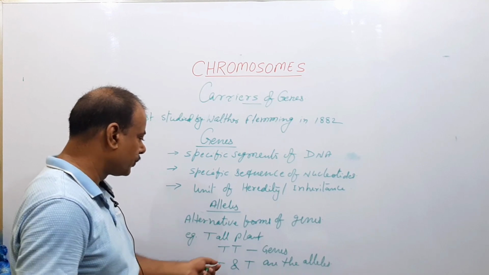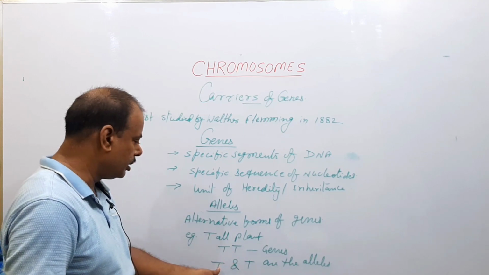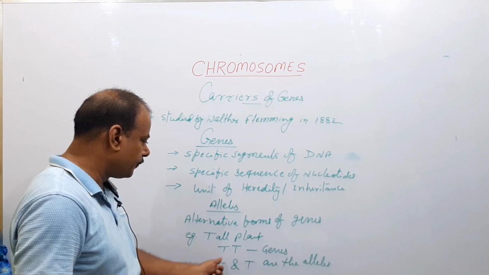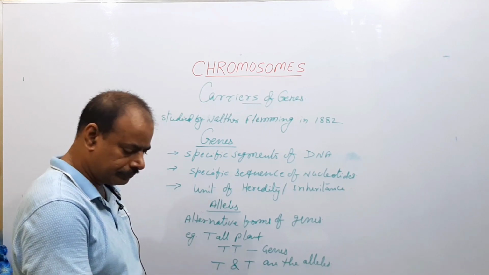So genes are always found in pairs, and each alternative form is known as an allele.